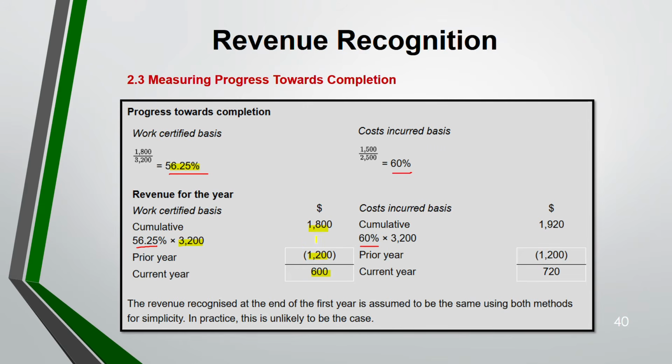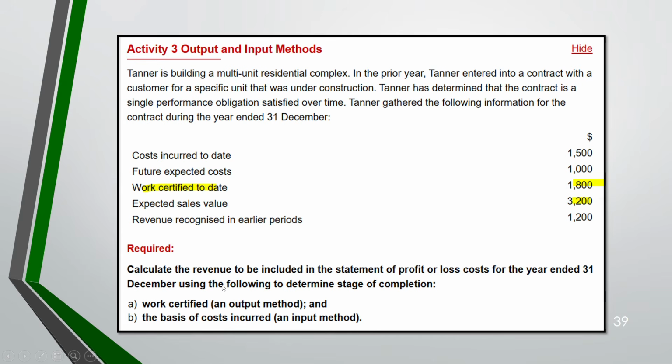And then according to the cost, okay, this is your revenue 3,200 cumulative, and your prior year. So prior year cost is 1,200.